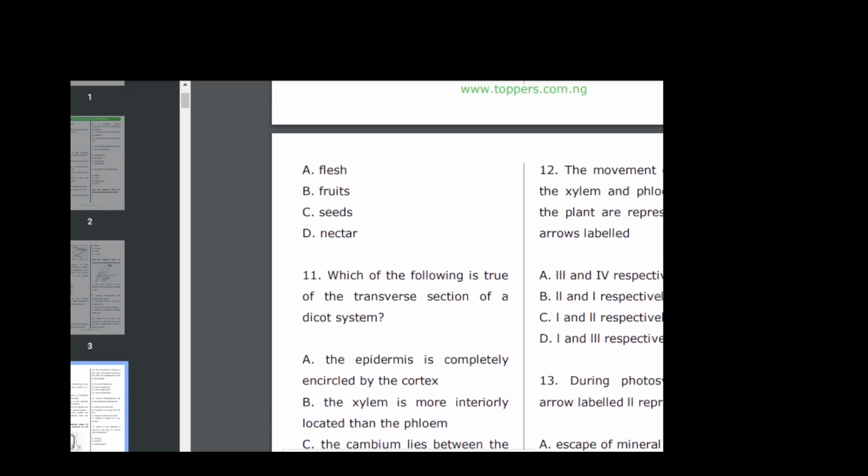The movement of material in the xylem and phloem tissues of the plant is represented by the arrows labeled. The xylem transports water, while the phloem transports nutrients. So xylem is going from the roots to the leaves, while phloem is going from the leaves to the root. So this one is upward and this one is downwards.